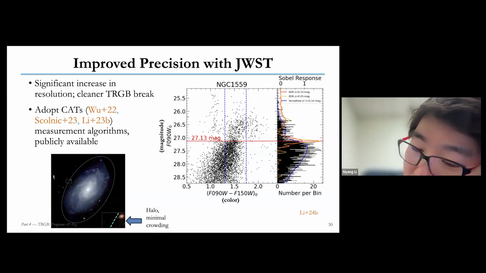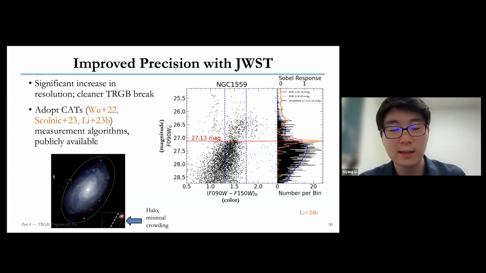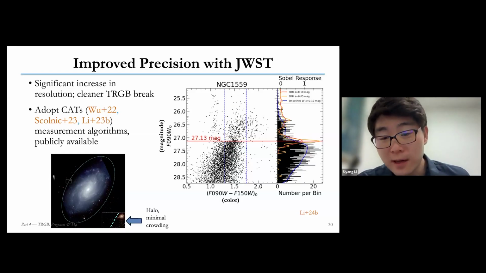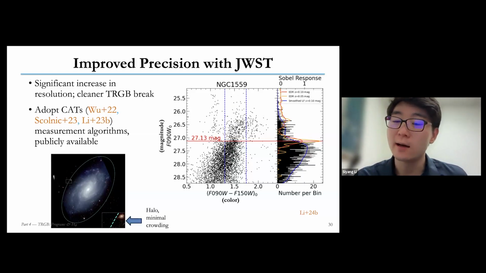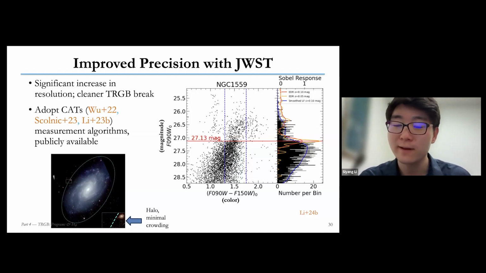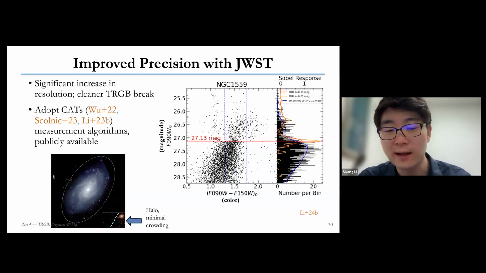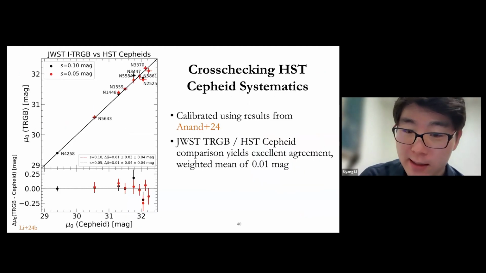And what we did in the SHOES group was to adopt the CATS algorithms to measure the TRGB using the JWST data to see what TRGB distances we get, compare them with Cepheids, and ultimately what H naught value we get. So we measure distances to this initial data set.